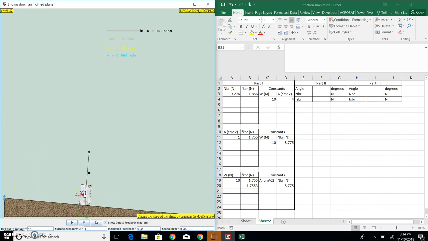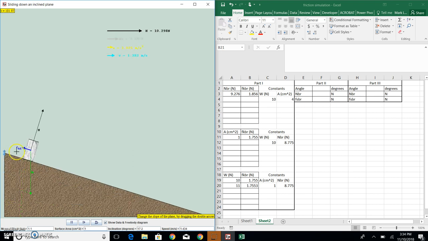And you can see it's here it's not sliding, here it's sliding. So I need to find that angle where it just breaks free. And again, when I get close to it, I can dial it in by just changing the angle slightly here. And I also want to go ahead and record then my normal force and what that static friction force would be. Well, if it's not moving, the static friction force is just going to be equal to the x component of the weight.